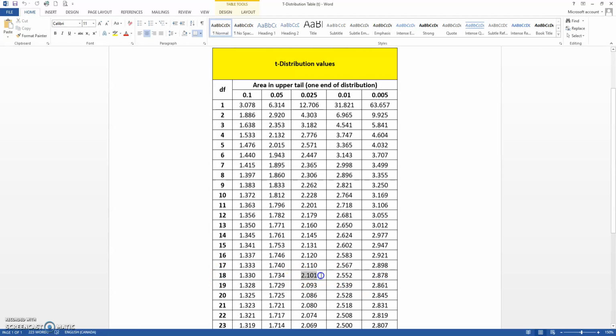So here is our correct t-value. When alpha is 5%, we are in essence developing a 95% confidence interval for the 2 different population means. So the 95% confidence interval gives us this column, and 18 degrees of freedom, 2.101.